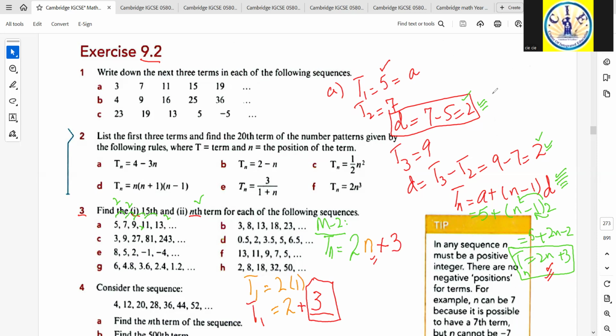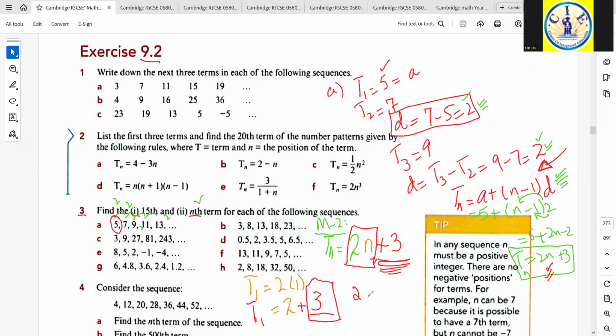The first method was by using the formula of the arithmetic sequence, and the second method is to find the common difference, multiply it with n, the number of terms, and then add the number which actually generates the first term of the given sequence.